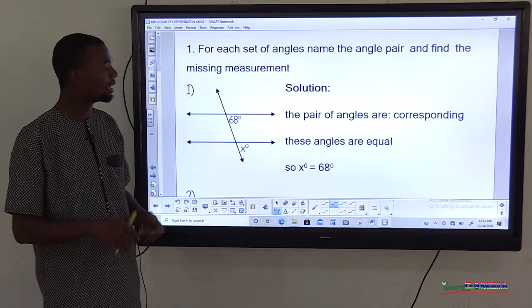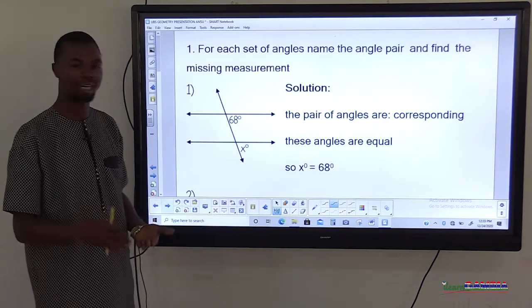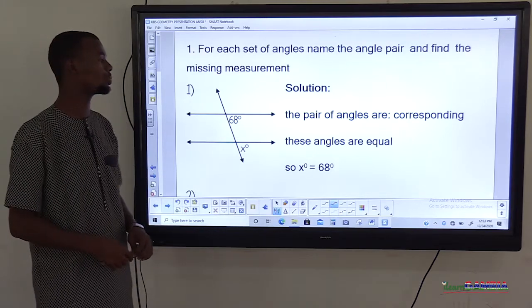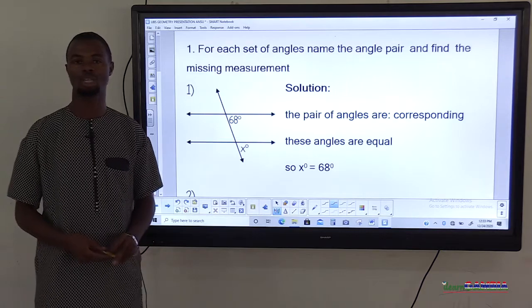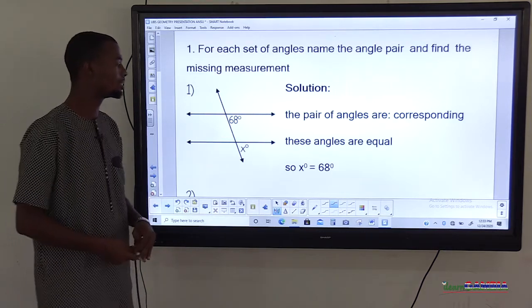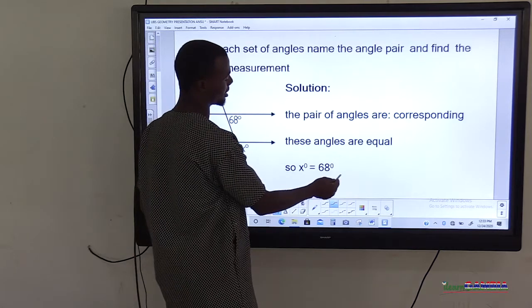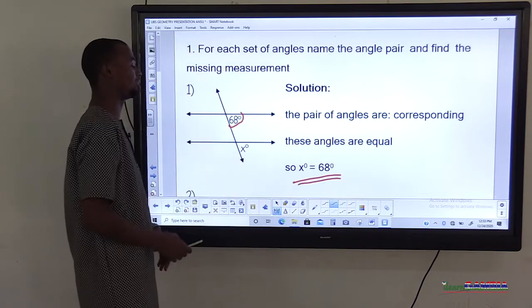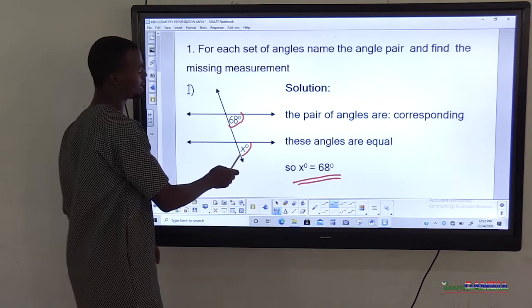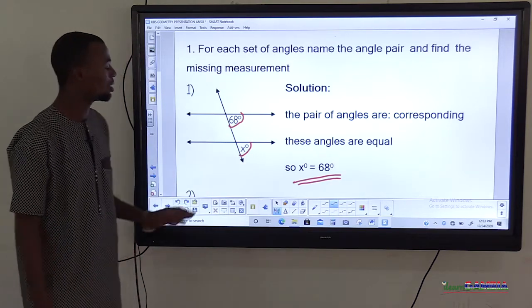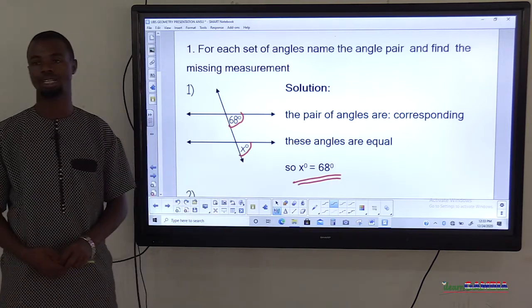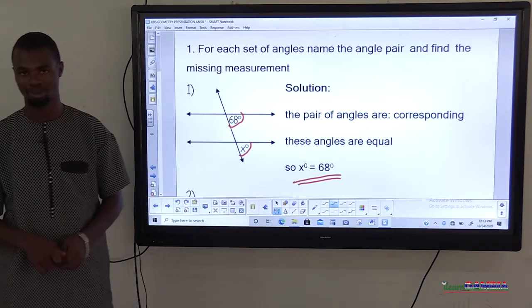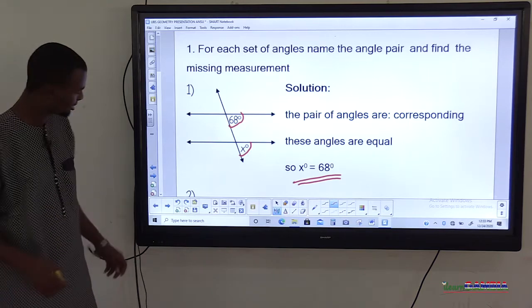One interior, one exterior at the same side, non-adjacent, are corresponding angles, and corresponding angles are congruent. So x is equal to 68 degrees.